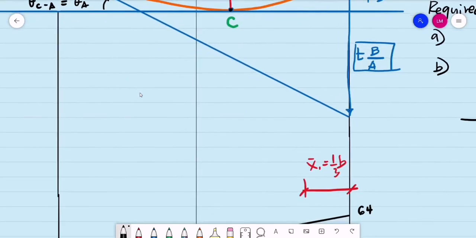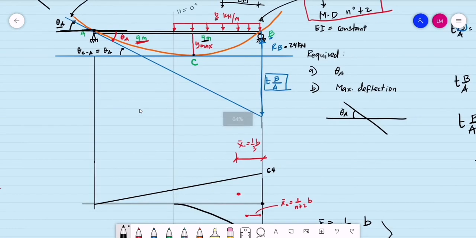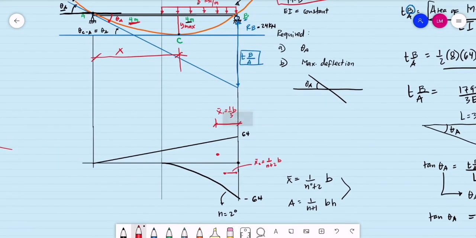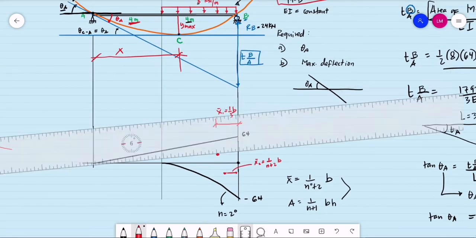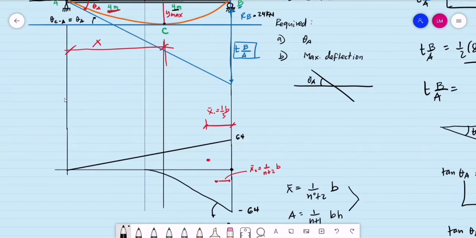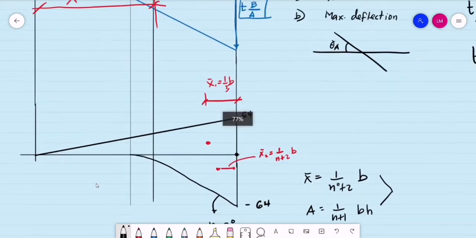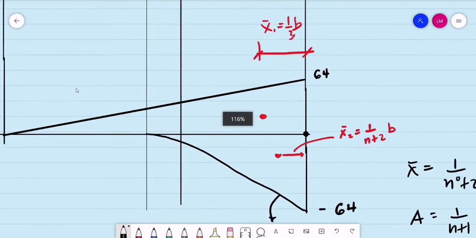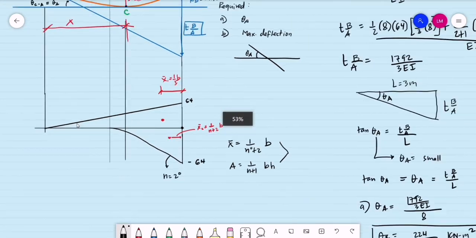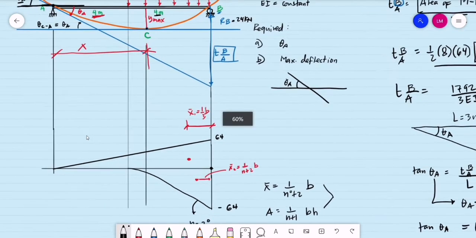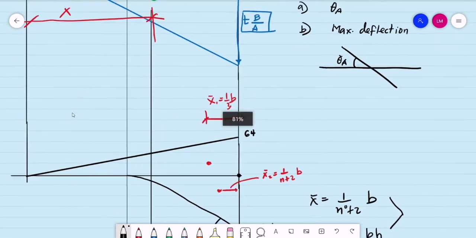How do we compute for that location? Let's say we locate point C at a distance of x from point A, and on the moment diagram, we name these points. That is at a distance of x from point A. So what will be the magnitude of the moment?